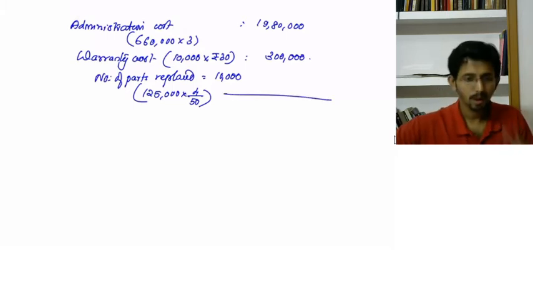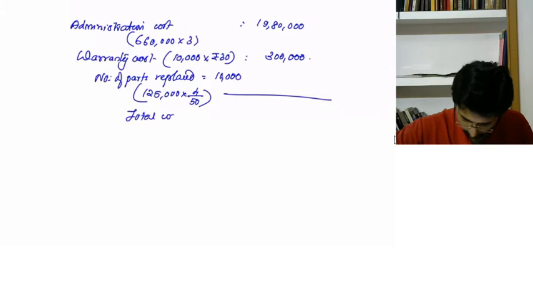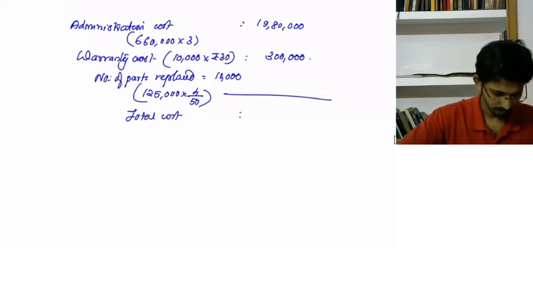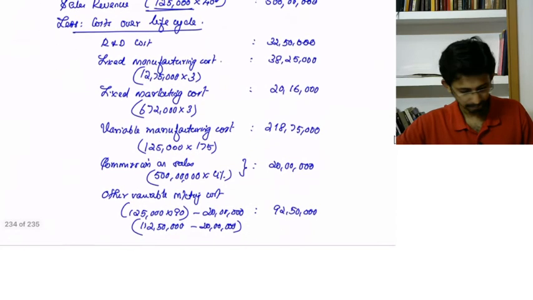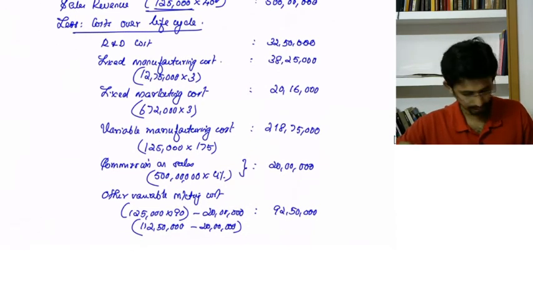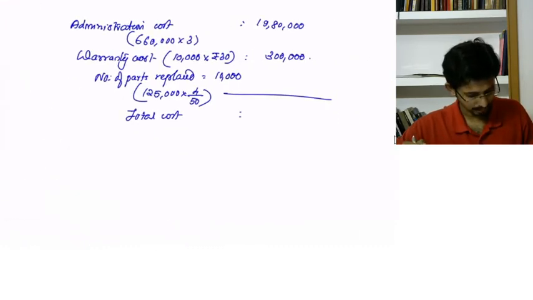Okay, so altogether the total cost, you have to add it one by one. 32 lakh 50,000 plus 38 lakh 25,000 plus 20 lakh 16,000 plus 2 crore 18 lakh 75,000 plus 20 lakhs plus 92 lakh 50,000 plus 19 lakh 80,000 plus 3 lakh.